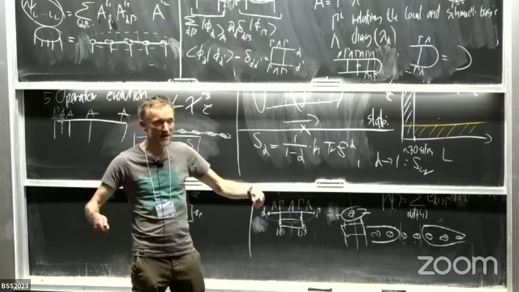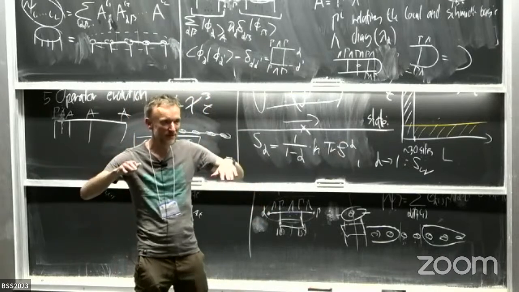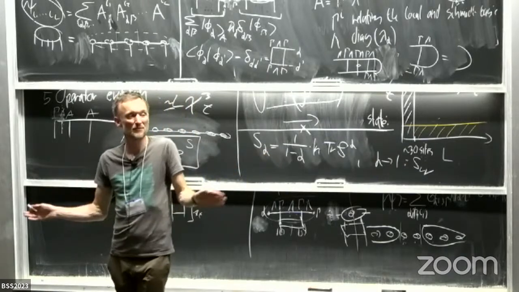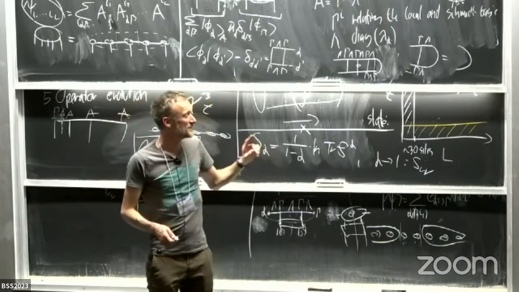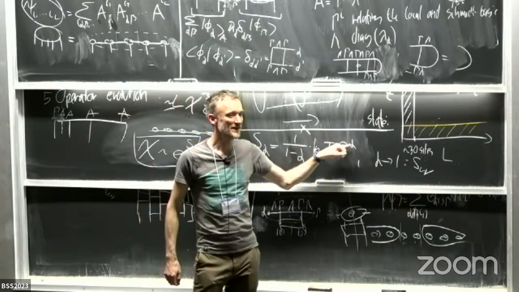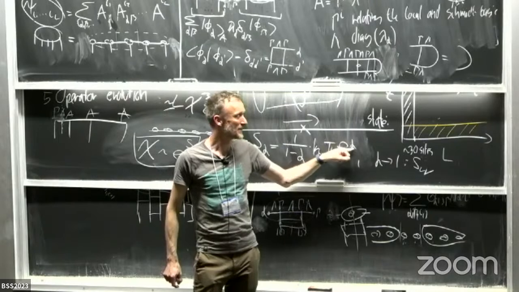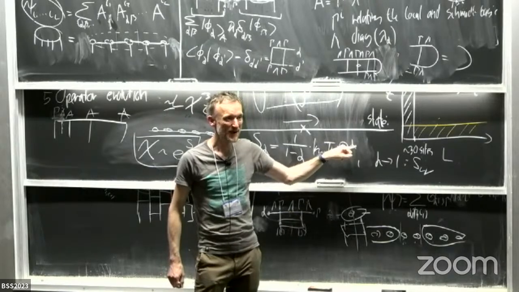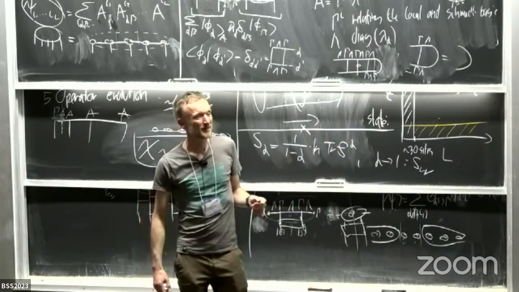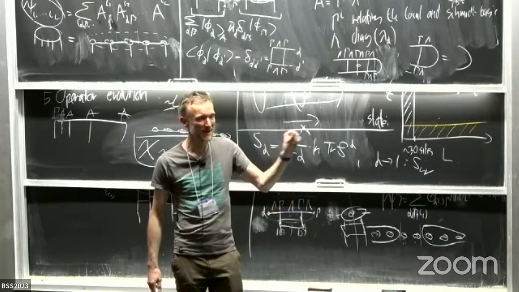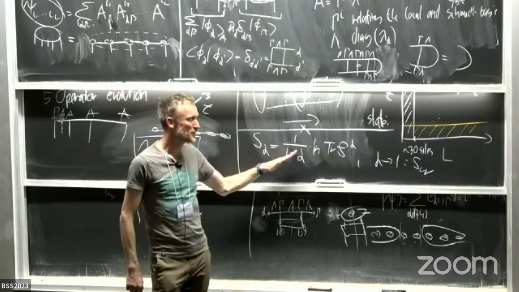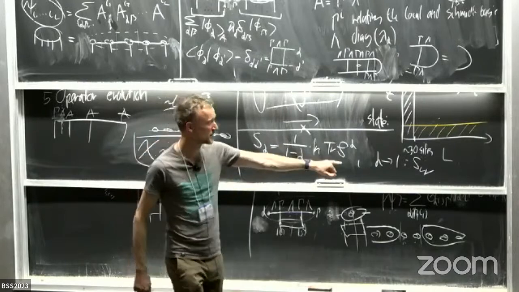If you take a random state where you only take random amplitudes but not random phases, so you just take a random vector of only positive random numbers, then that state will have a volume law for alpha smaller or equal to 1, but for any alpha larger than 1, you will find that it's a logarithmic entanglement. So this is one case where you at least get close, but it's a volume law with a smaller coefficient for alpha equals 1.